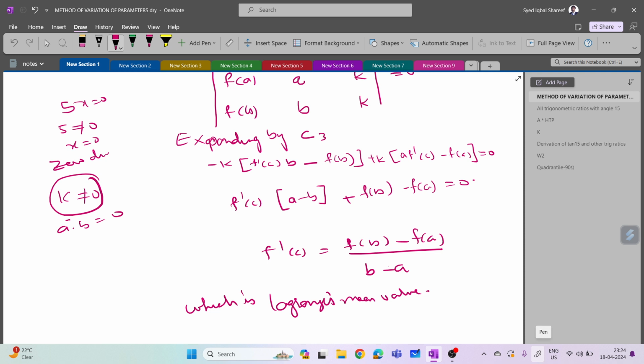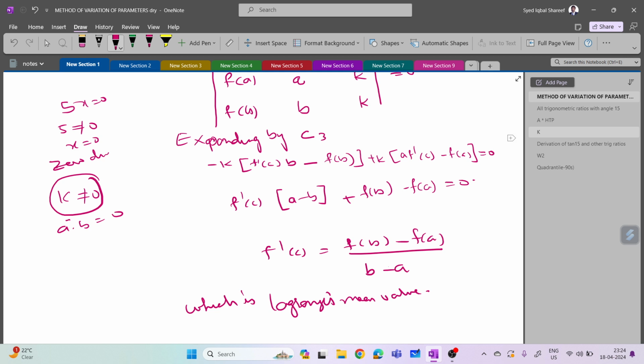Now f, g, h are continuous, so the right hand side is continuous, and the left hand side is also continuous. They are derivable, and a sum of derivable functions is also derivable. Then there exists c belonging to the open interval a b such that phi dash c equals 0.